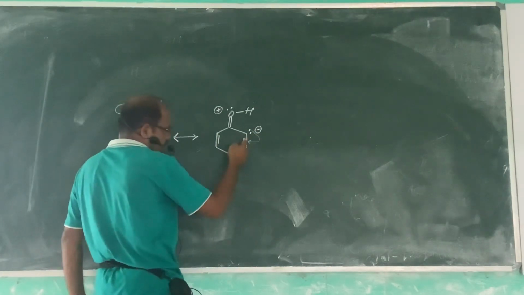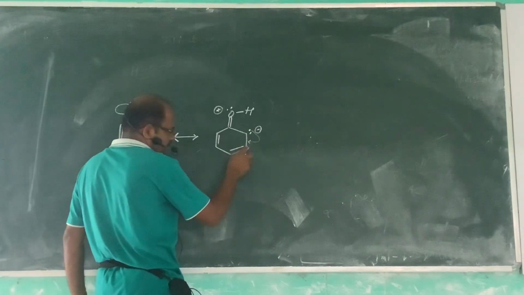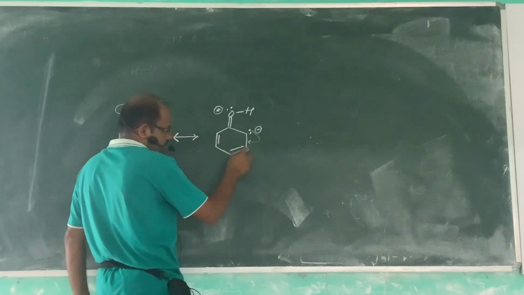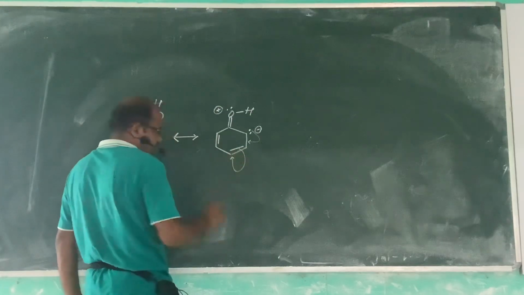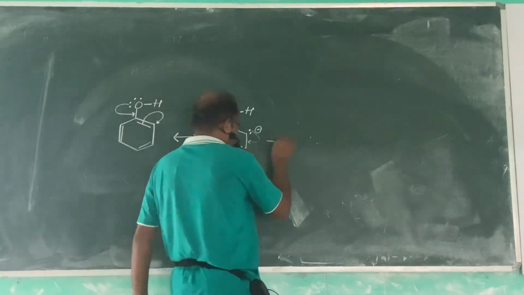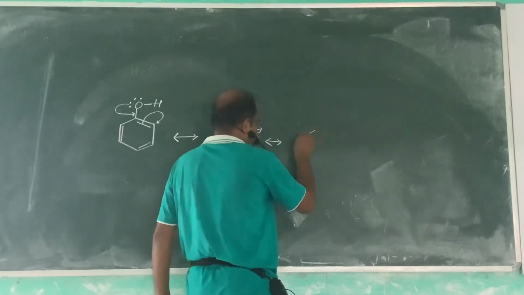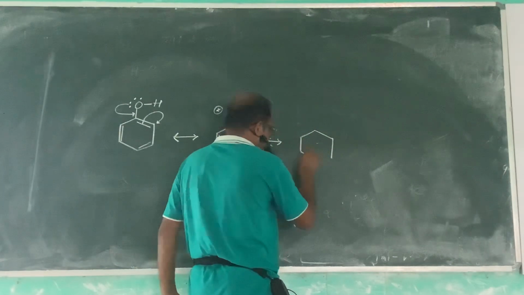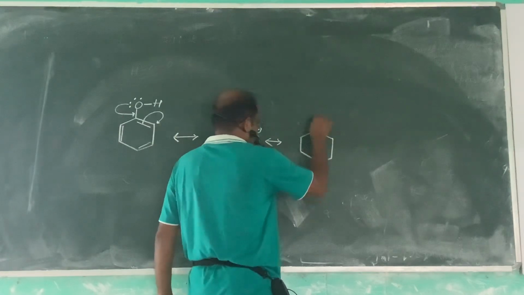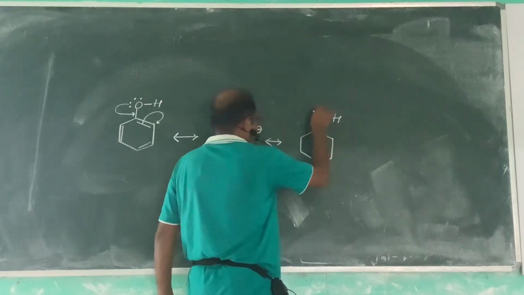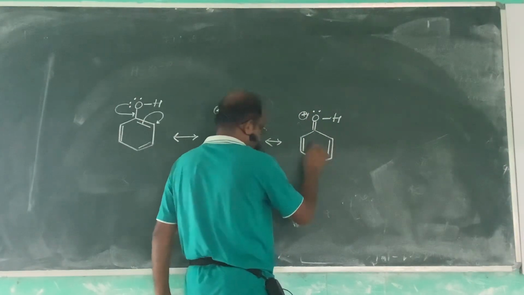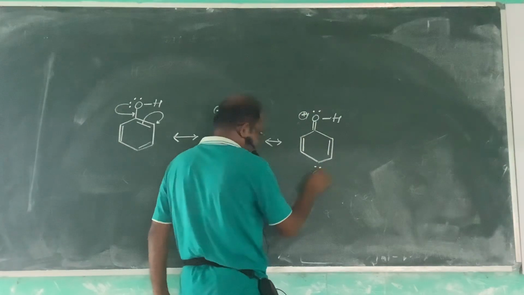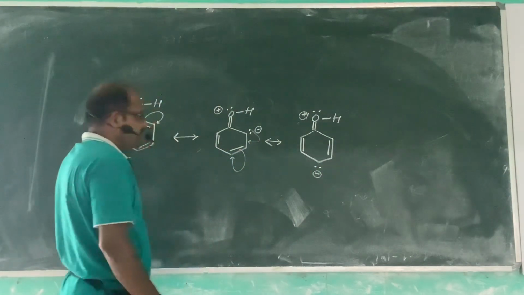As a result, a double bond is formed, and this carbon atom possesses pentavalency. To maintain the tetravalency of the carbon atom, this bond immediately shifts to this carbon atom. As a result, we get another structure of phenol.